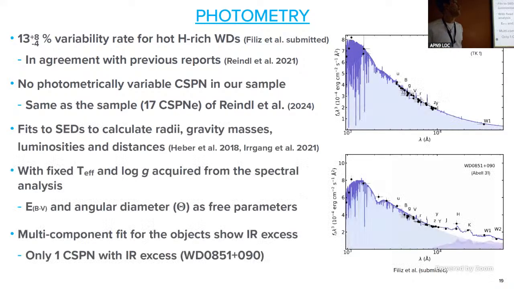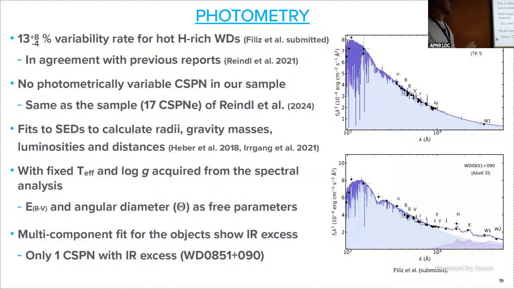Then we performed fits to spectral energy distributions to calculate radii, masses, luminosities, and distances. We fixed effective temperature and log g from the spectral analysis, and only the reddening, the color excess, and the angular diameter remained as free parameters.